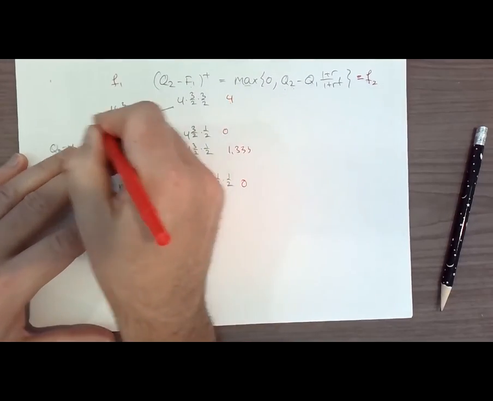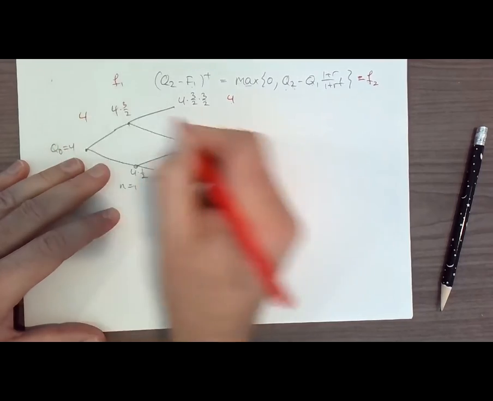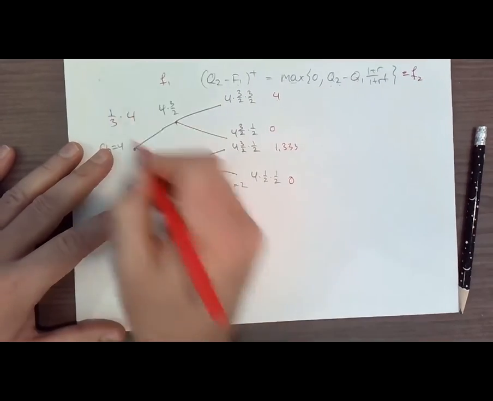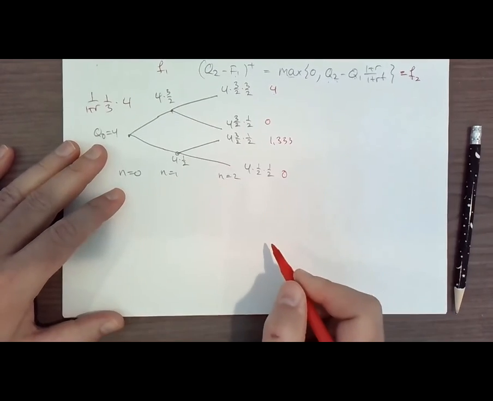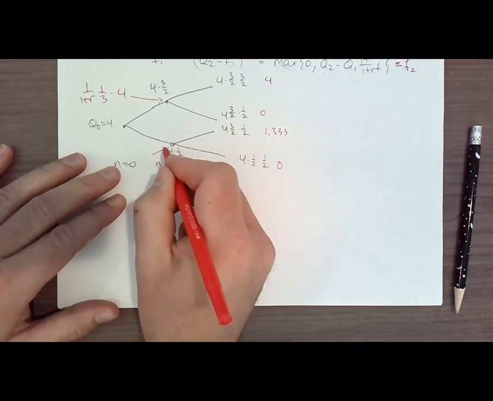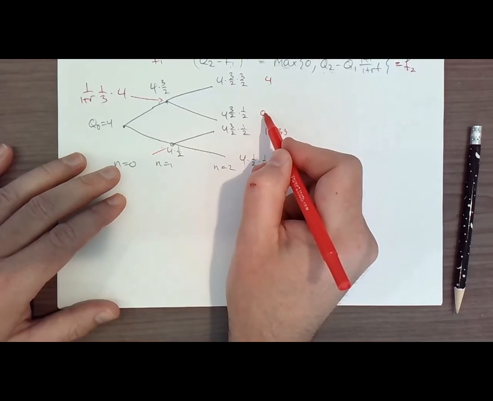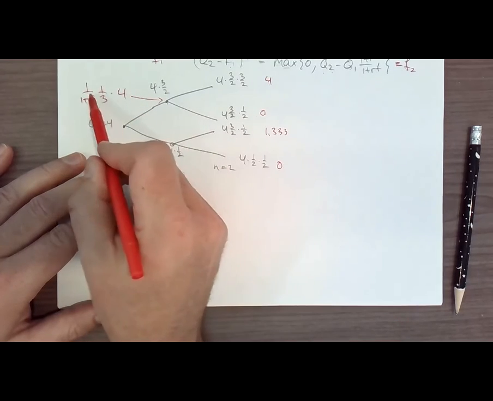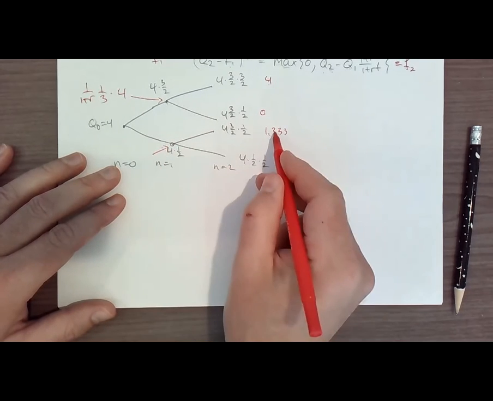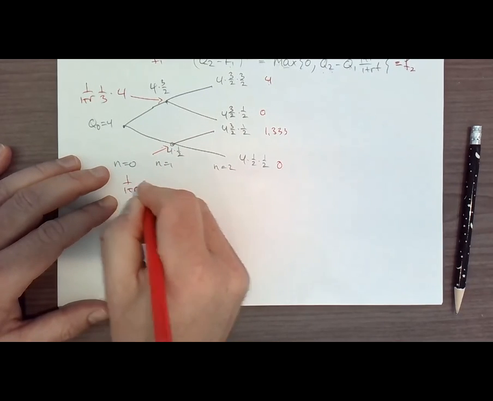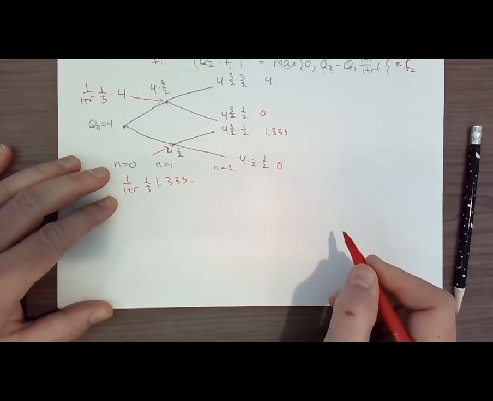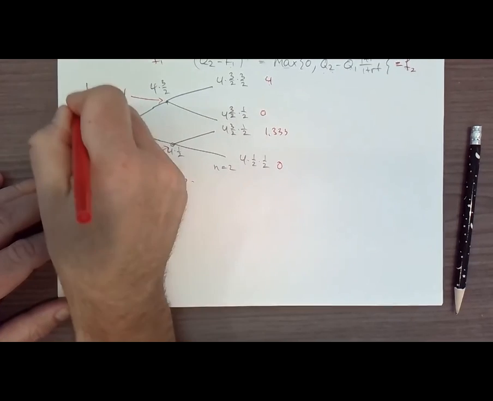F1s will be what, 4 times P tilde was a third, and then 1 over 1 plus R. That'll be this value that'll go in here. You don't have to worry about the 0. You just have 4, and then 1 over 1 plus R. The one down here will be 1 over 1 plus R times a third times 1.333, and so on.